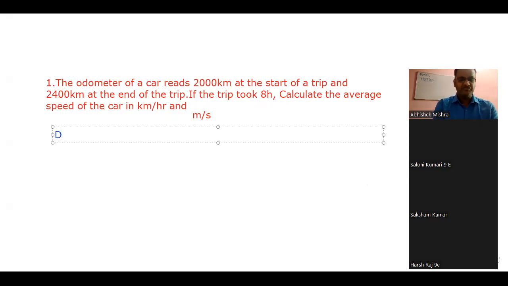First we have to see the distance covered by the car.